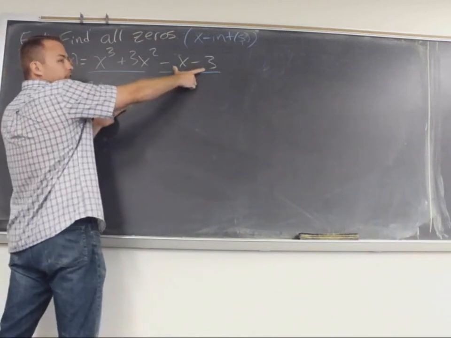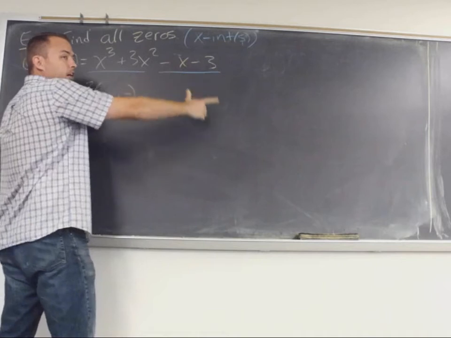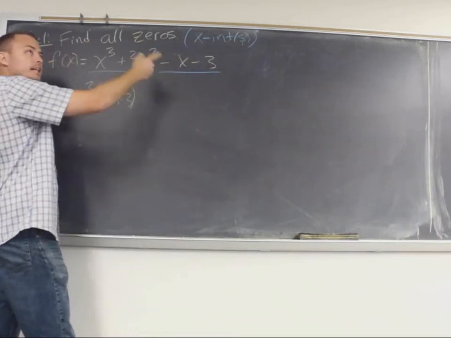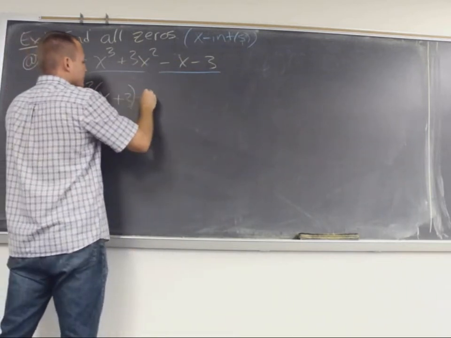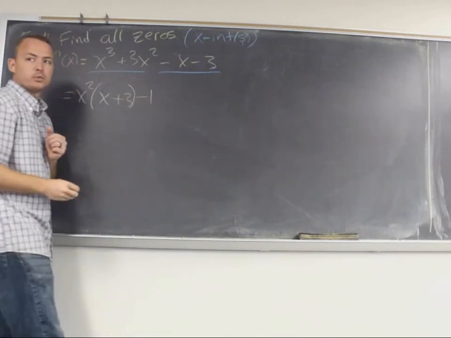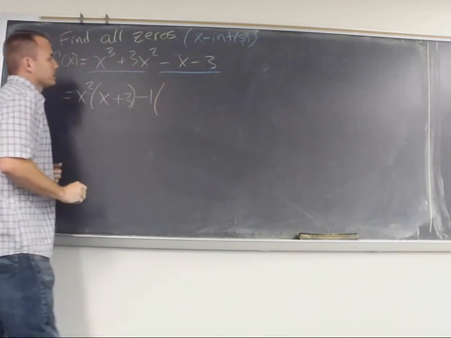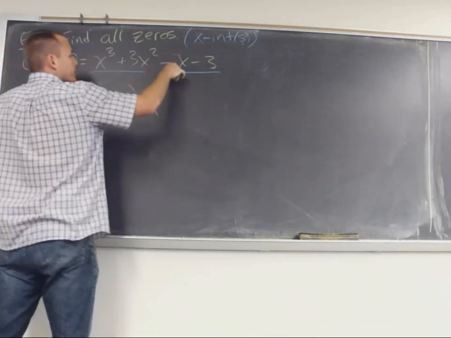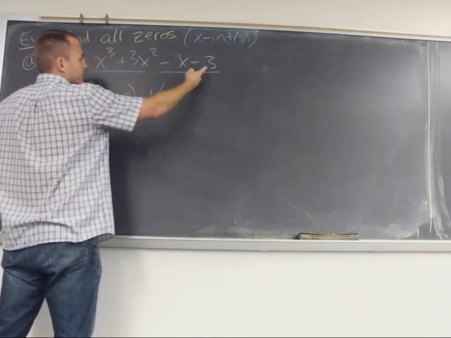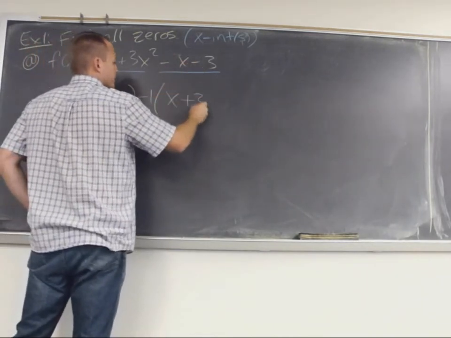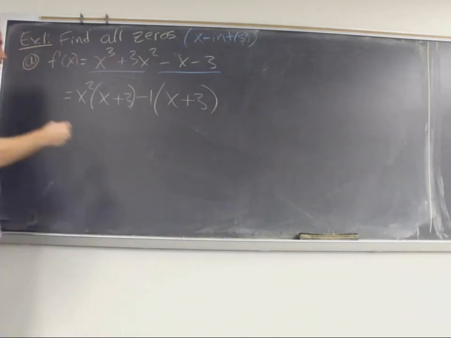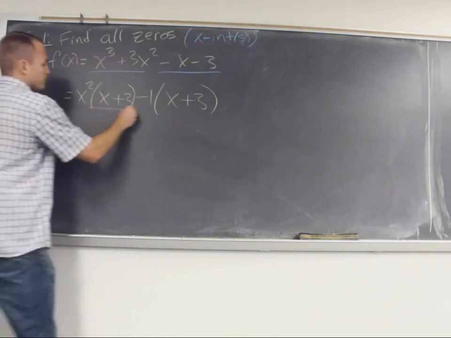This x and 3 are negative, but they both have a negative in common, so we can factor out a negative 1. You don't necessarily have to write the 1. Now open a parenthesis. When you take a negative out of negative x, you're left with x. When you take a negative out of negative 3, it's a positive 3. So now our parentheses are the same.